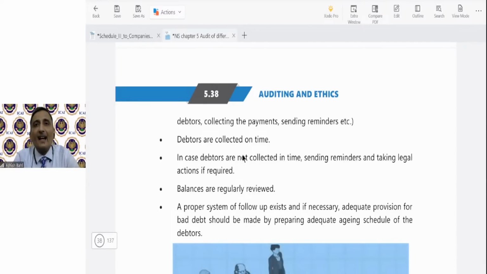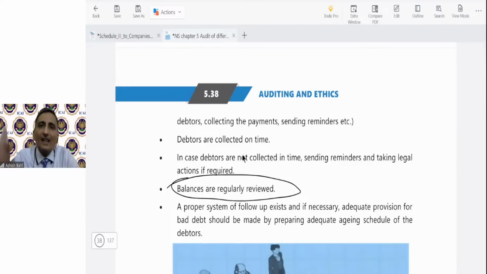And balances are regularly reviewed. So there should be a system in the company in which all the trade receivables are reviewed from time to time. That the company sees, that the system throws up an alert that this debtor has not made a payment which was due.